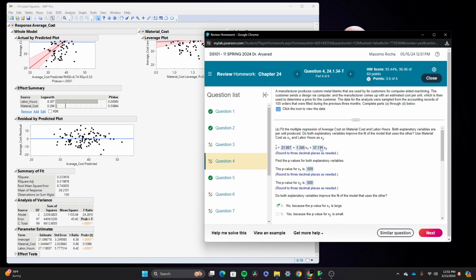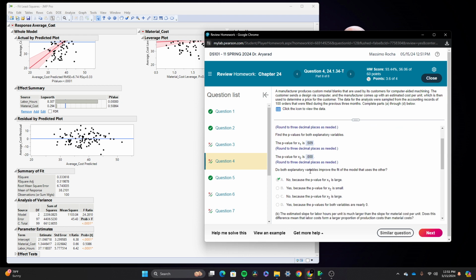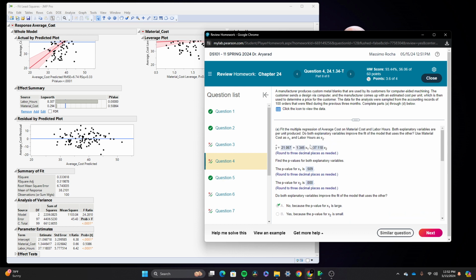So that's how you get those numbers there. And then for the p-value, we're looking at x1, and as we said before, that's going to be material cost. So the p-value for material cost right here is 0.5086. Labor hours, 0.000.